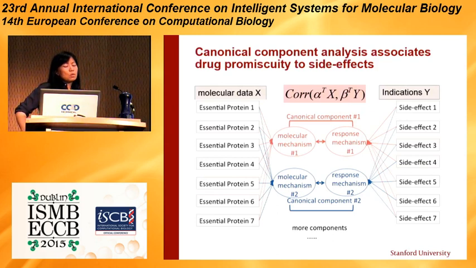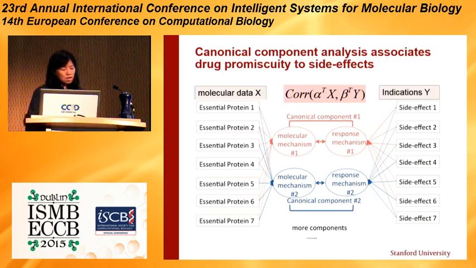So after we search for the basis vectors alpha and beta, in each component, we're able to do 2 things. First, we're able to predict Y given the new X. Second, we're able to look at each component and using a cutoff to decide the significant association between specific attributes in X and Y.